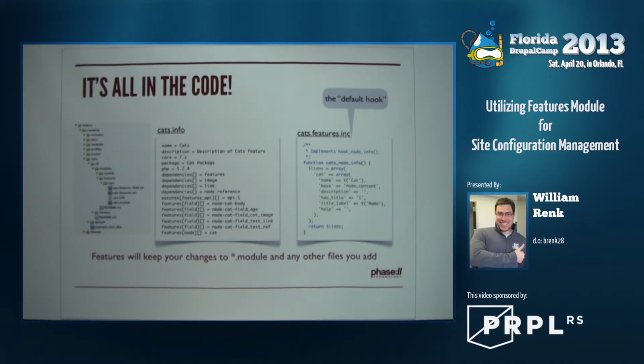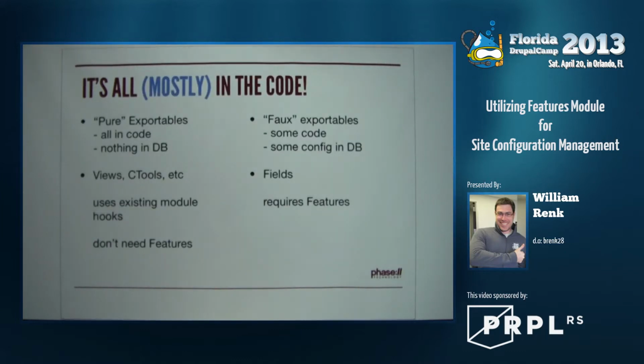Then there is the features include file, and that's just the Drupal hook for the content type. Whenever you push that forward, that is what enables the content type to be created on the next environment. So it's all in the code mostly.